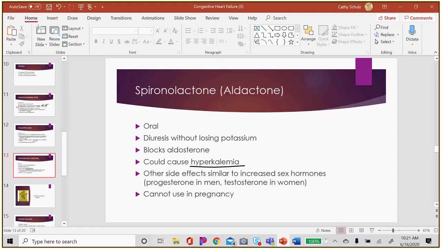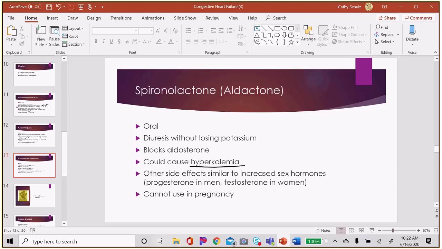So now we have to remember the renin, angiotensin, aldosterone system again. The body always has angiotensinogen in the bloodstream. Renin is released when the kidneys detect decreased blood flow, which converts angiotensinogen to angiotensin 1. Angiotensin 1 is converted to angiotensin 2 by angiotensin converting enzyme.